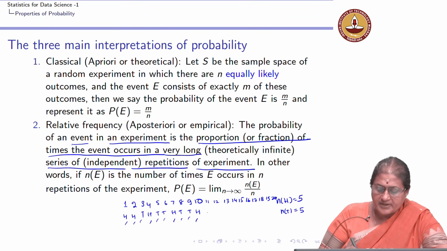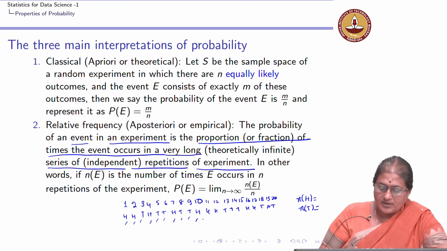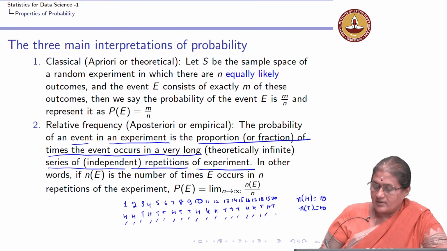If I keep repeating this experiment and I get head, head, tail, tail, tail, head, head, tail, head, tail, then the number of heads I have is 1, 2, 3, 4, 5, 6, 7, 8, 9, 10 and my tails are also 10. Okay. But will this pattern always occur?